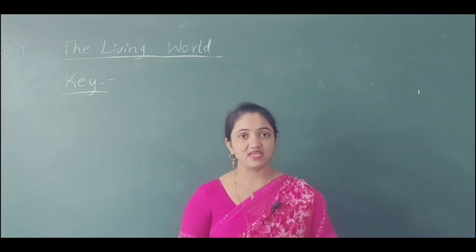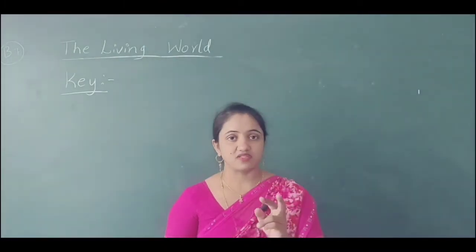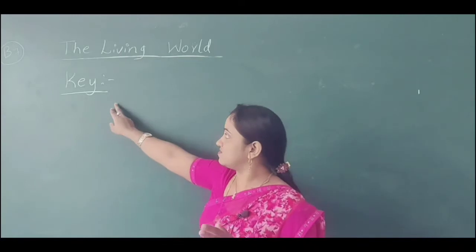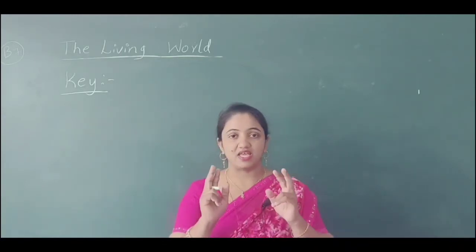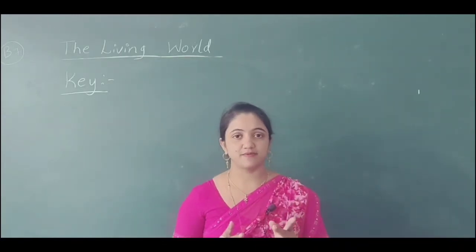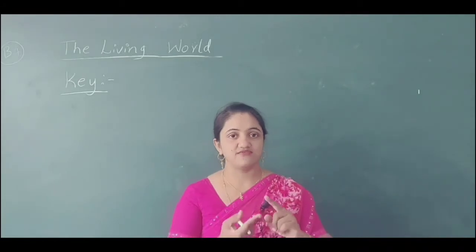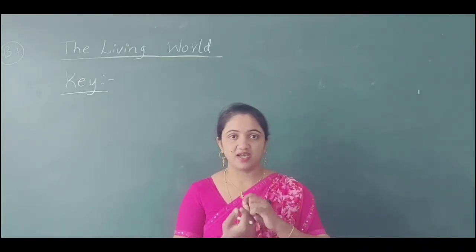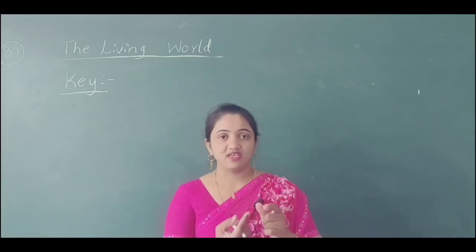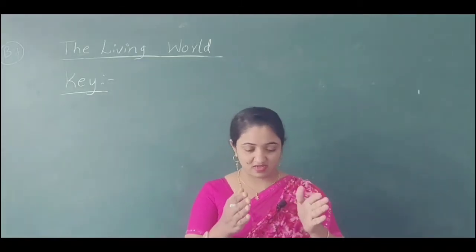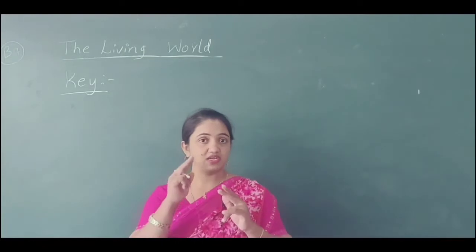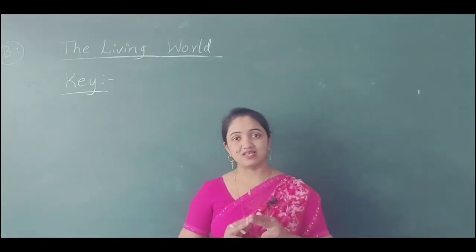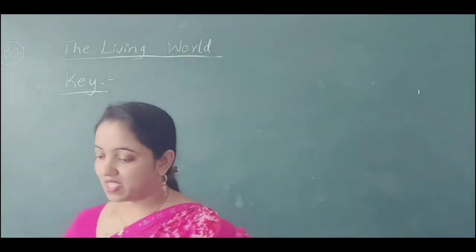So just remember this: in a key, a taxonomical aid, there will always be two statements. One will be accepted and one will be rejected, and each statement is known as a lead, L-E-A-D.